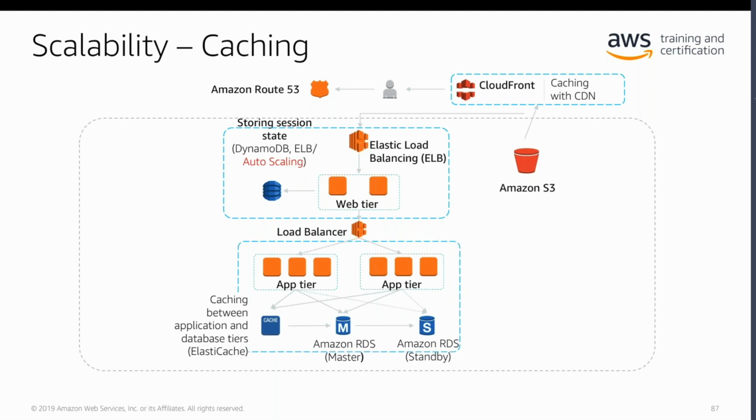Maybe we want to improve the performance of lookups on our databases. Maybe we're using some relational databases and we're trying to decrease the pressure on them. We could use a caching service like ElastiCache to help speed up the performance of database queries by caching the most frequently used queries on them.